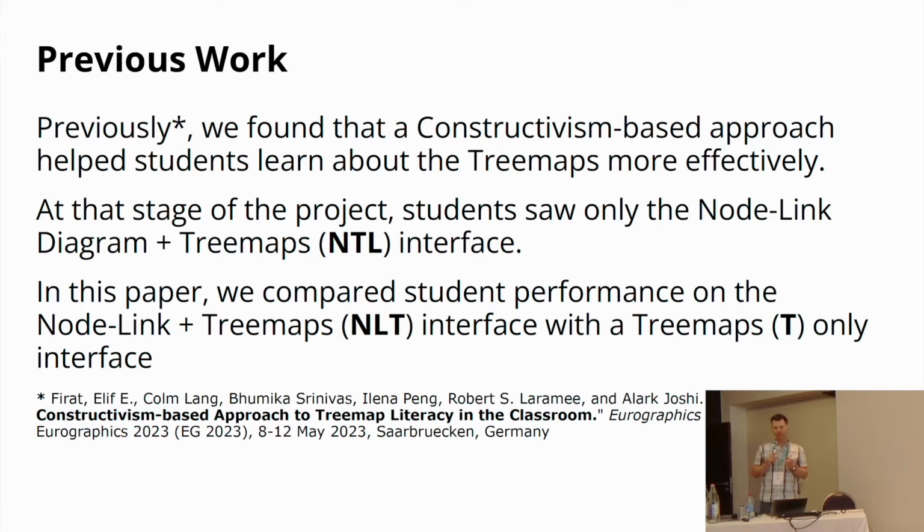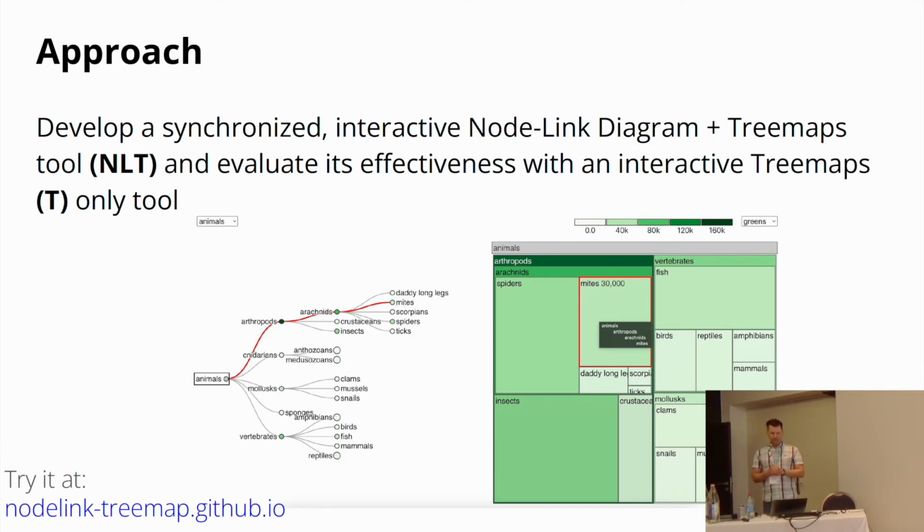So we performed a classroom-based experiment with two conditions. One half of the class sees only tree maps, and the other half of the class sees a node link diagram connected to a tree map in a coordinated multiple views approach. So this is the software, a coordinated multiple views software.